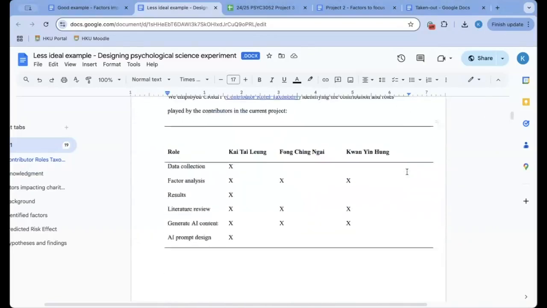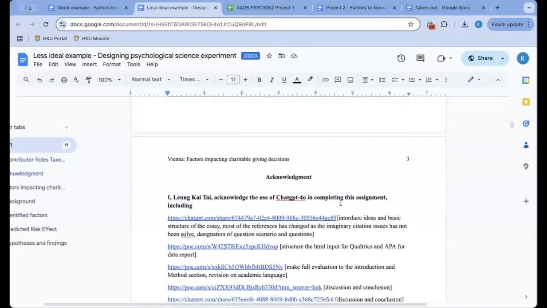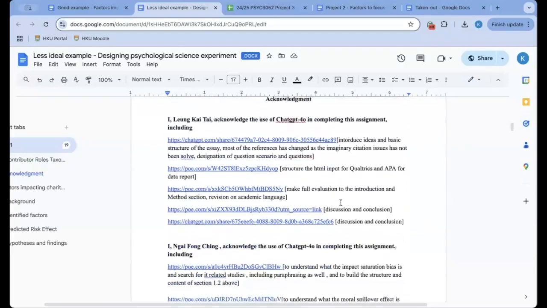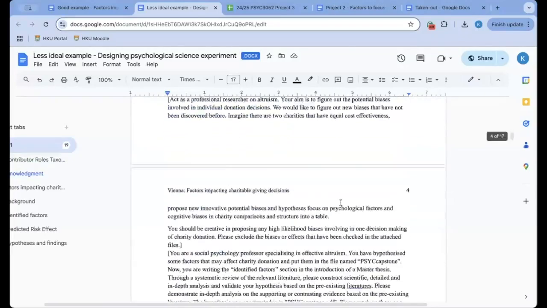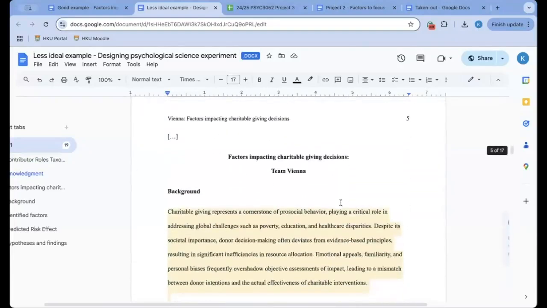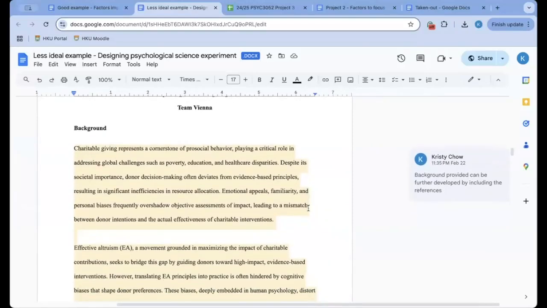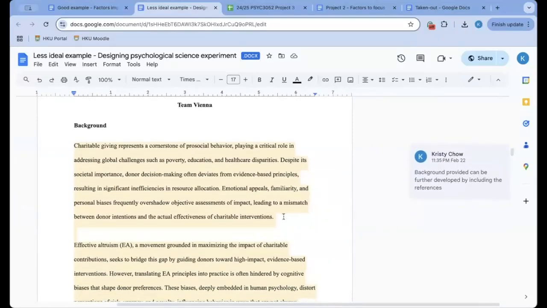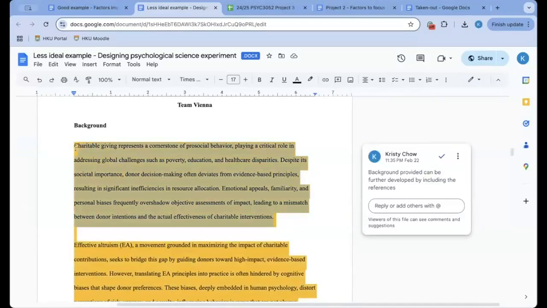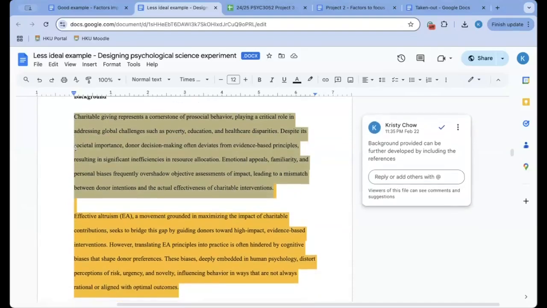While they did declare and acknowledge that they used AI in some of the work here, which is good, their background was quite lacking because they made quite some statements within their background about charitable giving, effective altruism, but they did not include the references for these. So it's unclear to the markers whether these points were made by themselves or whether this is supported by empirical evidence.